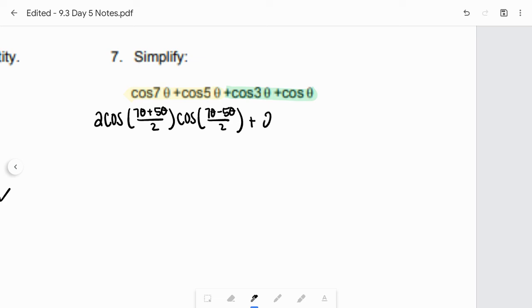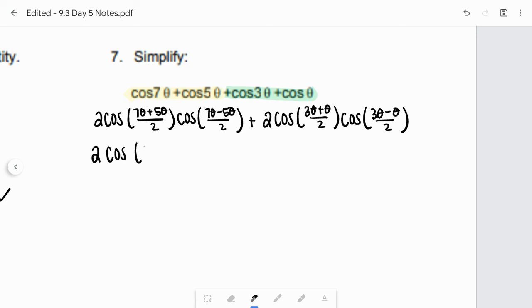So that'll become 2 cosine of (3 theta plus theta) divided by 2 times cosine of (3 theta minus theta) divided by 2. Okay, then we can simplify. So I have 2 cosine 6 theta cosine theta, plus 2 cosine 2 theta times cosine theta.